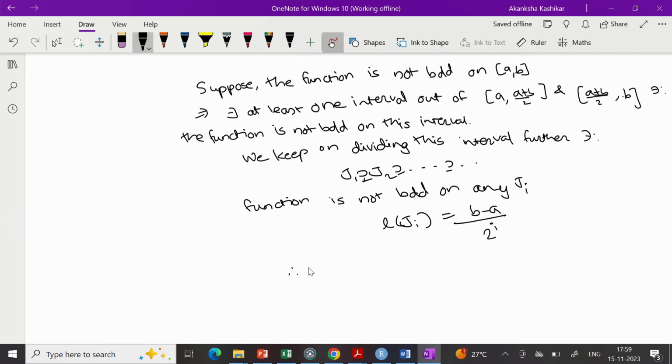Okay, therefore by earlier results which we have proved, there exists c in the intersection of Ji.